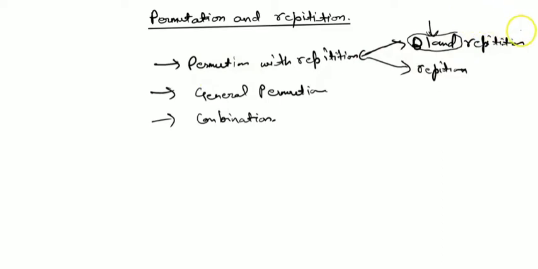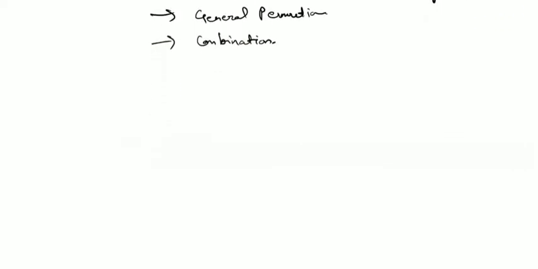So let's start with the bland case of repetition in permutation. What I mean when I say bland case of repetition in permutation, I talk about questions where, for example, you have been given three samples or three choices, and let's say you have to form a three-digit number using these three choices.